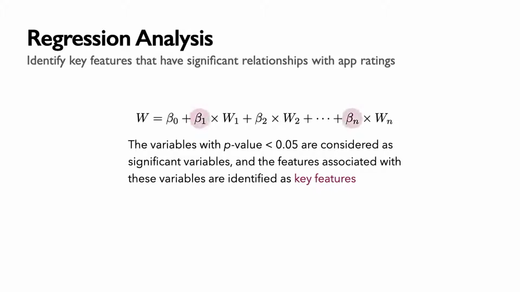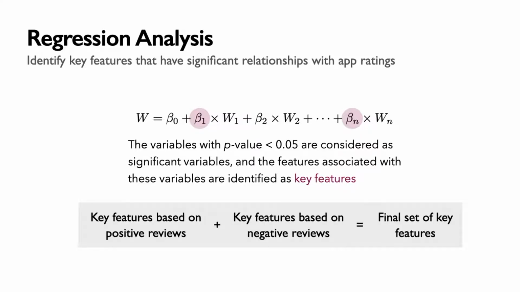The features associated with significant variables are then identified as key features. KEFE will apply the above process based on positive and negative reviews separately. Finally, the key features identified are merged together to produce the final set of key features of the given app.